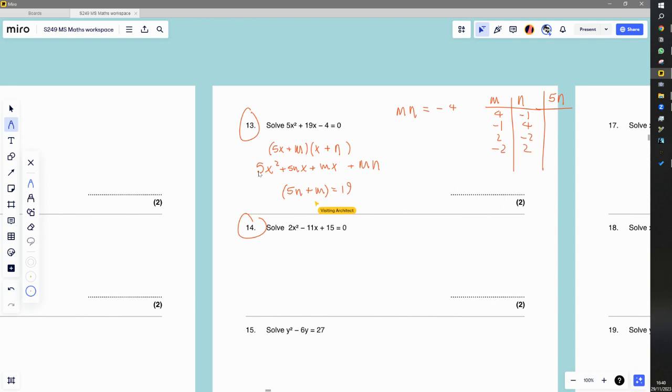But also we could have negative 4 and 1, and 1 and negative 4. There's quite a few different possibilities, but hopefully we can see that we're trying to get 5n plus m.